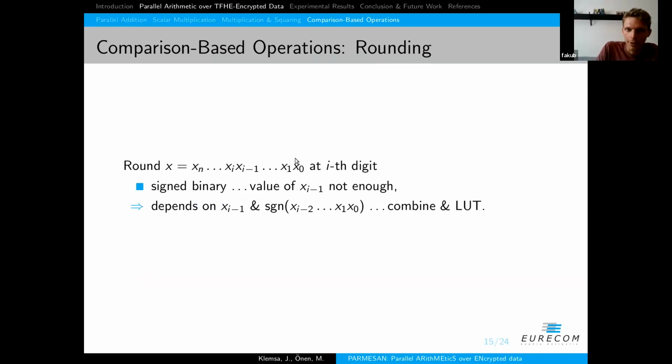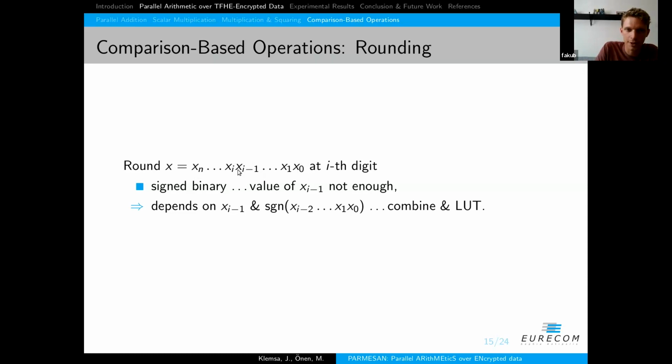There's also a peculiarity with rounding, because in signed binary, as opposed to standard binary, the value of x_{i-1} is not enough to round this integer at the ith position. So let's say we want to keep the values from x_n to x_i, and we want to get rid of the rest.